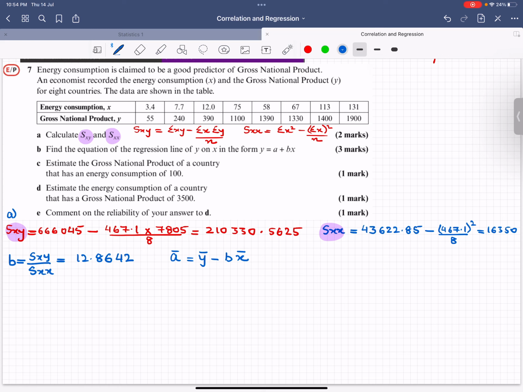The average value of y is the total value of y divided by the total number of entries. So let me write the total values of x and y here, which I have already calculated. The total value of x was 467.1, and the total value of y was 7,805.